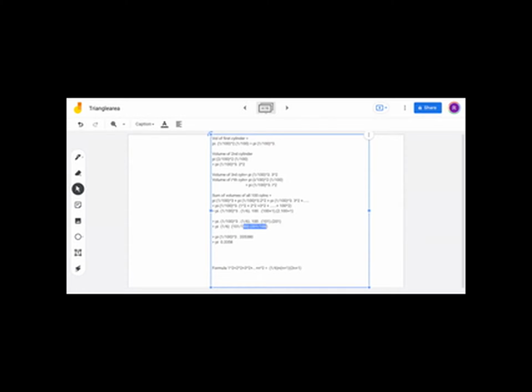Just look at this. Approximately how much is 101 divided by 100? 1.01. And how much is 201 divided by 100?